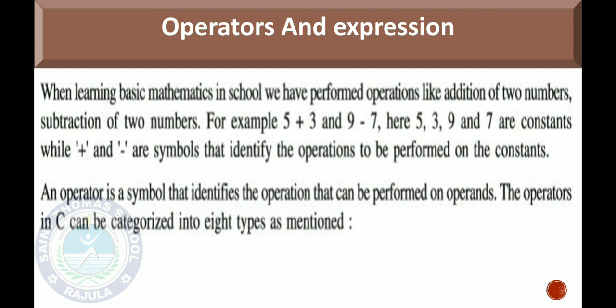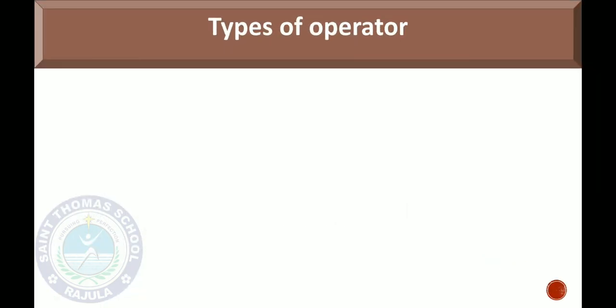So an operator is a symbol that identifies the operation to be performed on operands. The operators in C can be categorized into 8 types, as mentioned here.